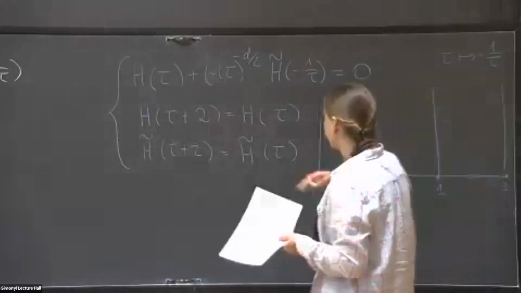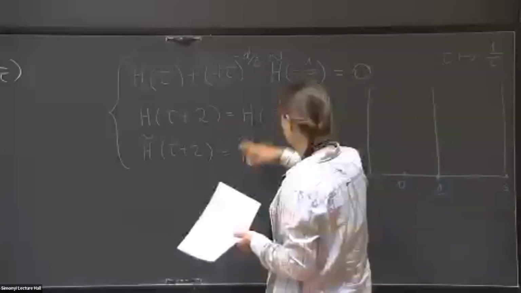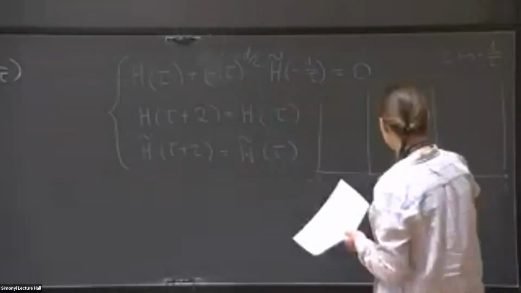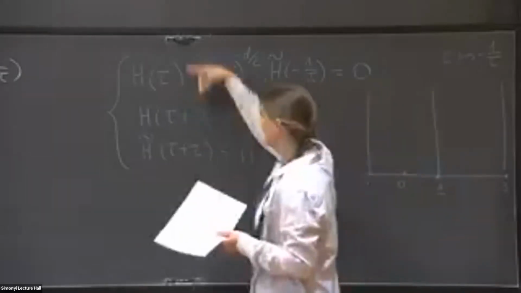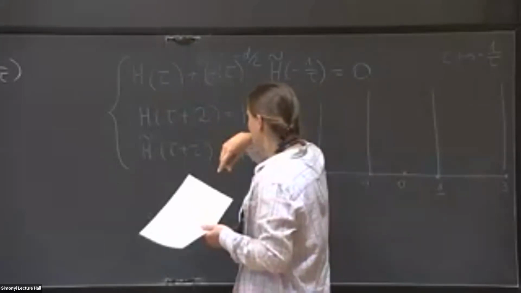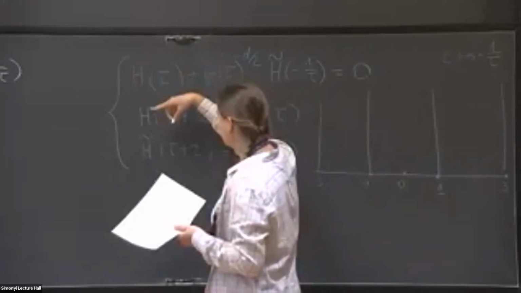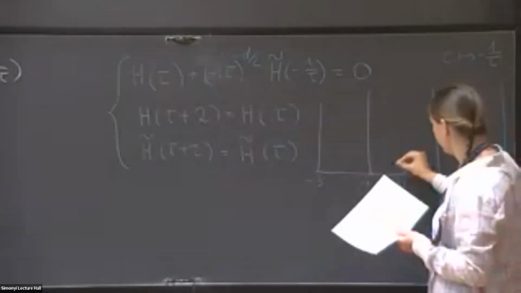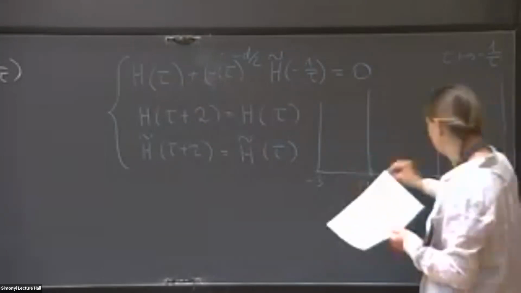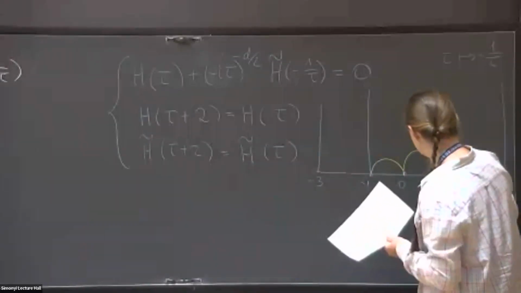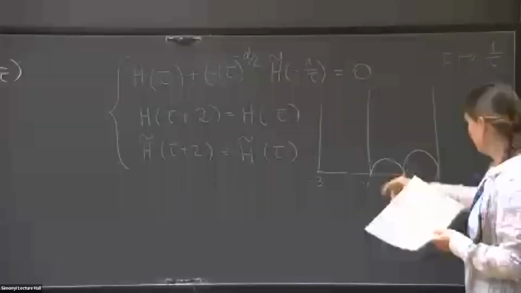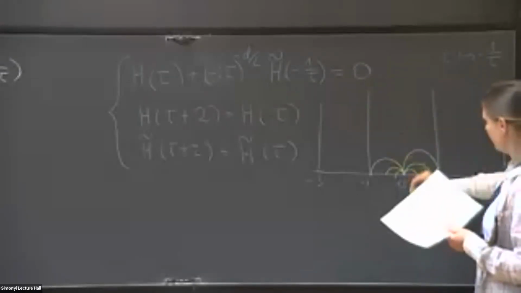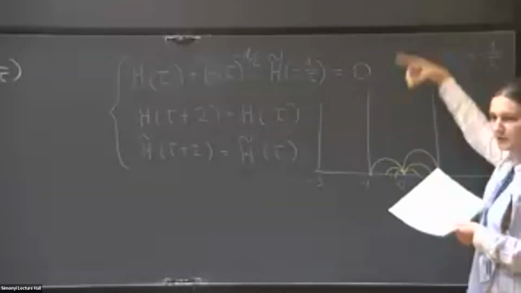And so the periodicity of H tilde can be translated into a symmetry of H under another linear fractional transformation, the one that leaves 0 unmoved. It is a bit like a translation here, only the cusp at 0 is mapped to the cusp at infinity.